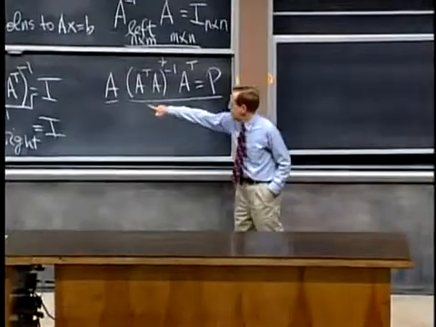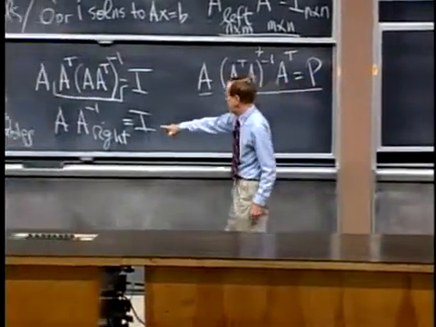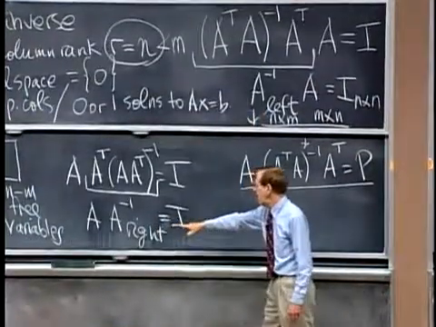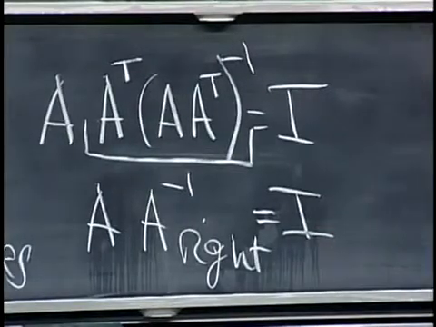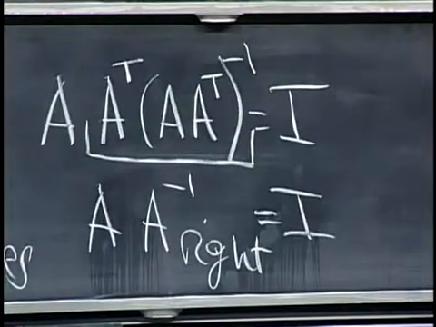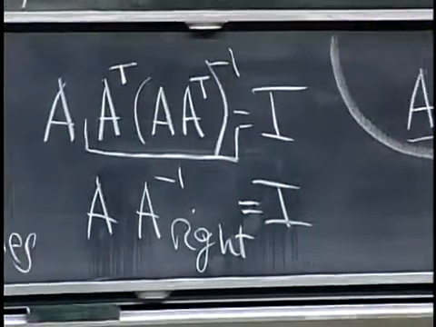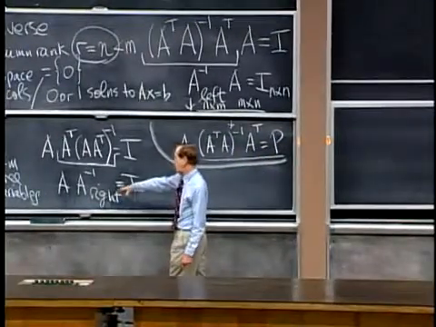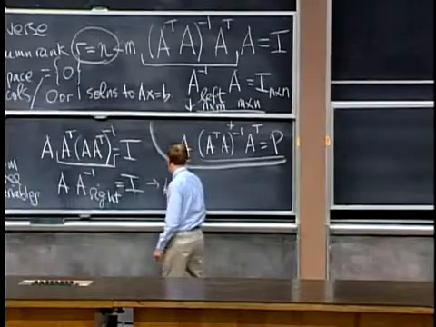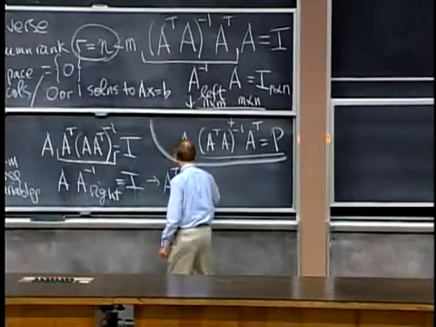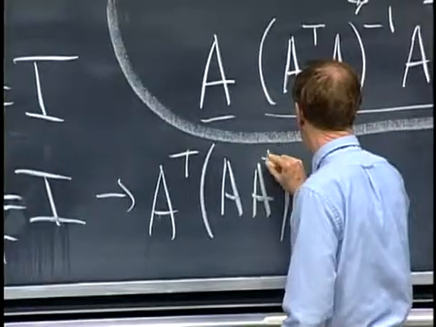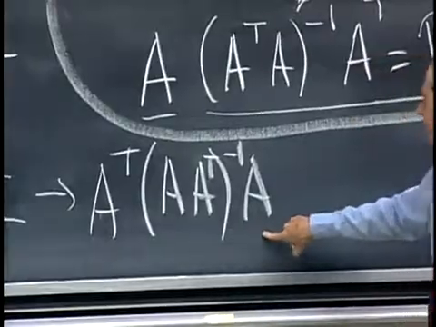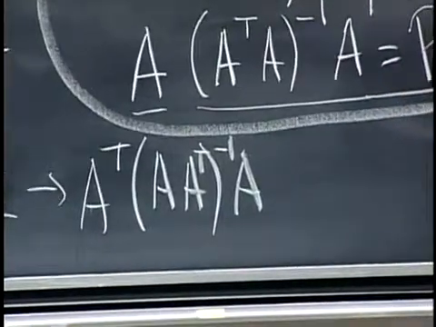And if I put these in the opposite order, so this came from up here, and similarly, if I tried to put the right inverse on the left, what happens? Then I would have A transpose inverse A. If this matrix is now on the left, what do you figure that matrix is?